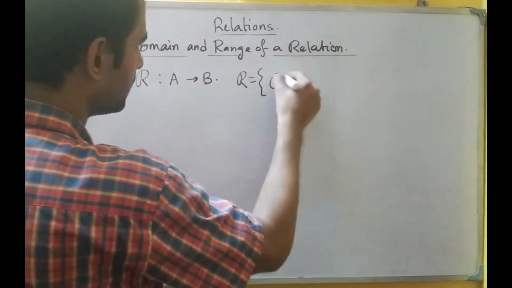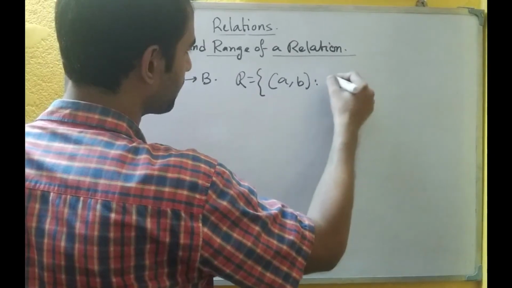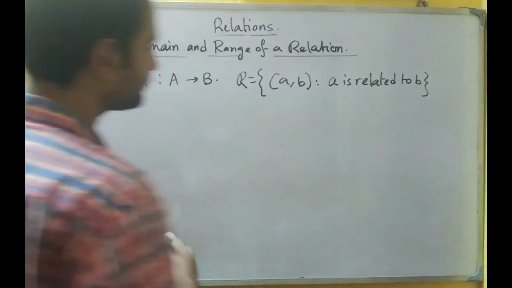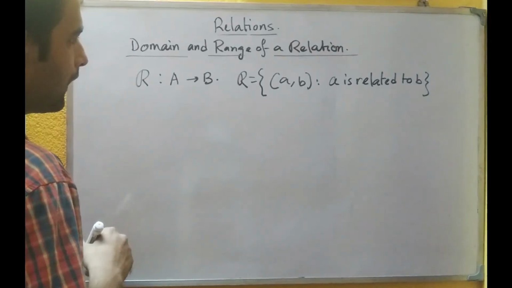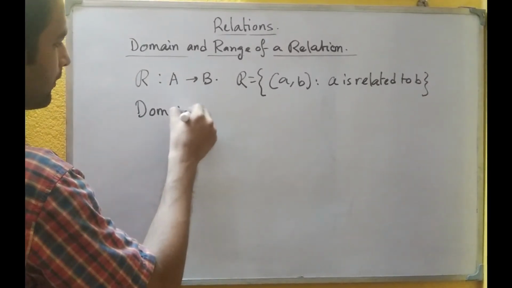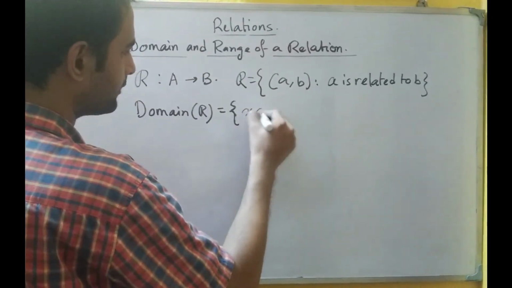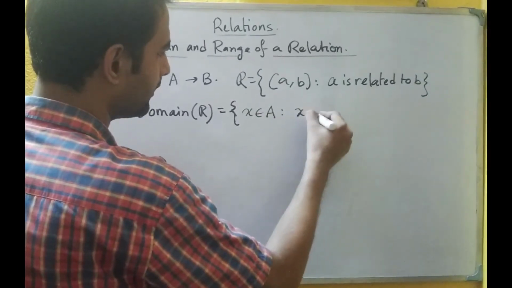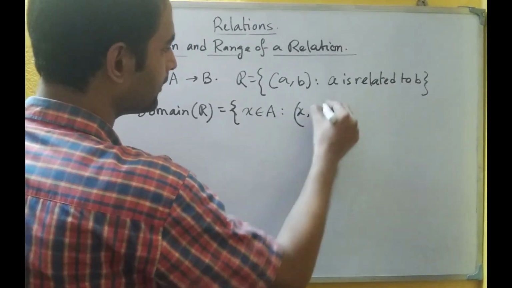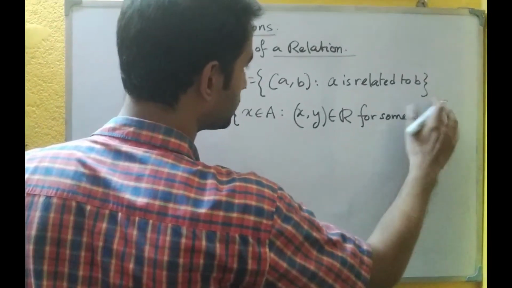It is the collection of all ordered pairs AB where A is related to B. Then we define the term domain of the relation R as the set of X belongs to A, where X, Y belongs to R for some Y belongs to B.